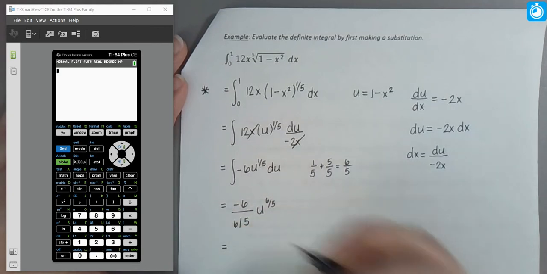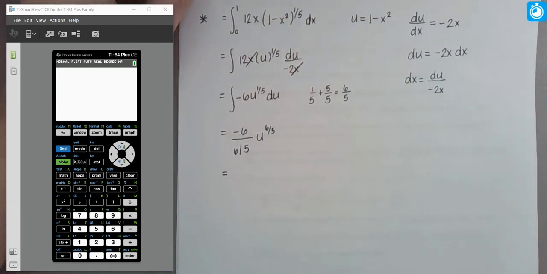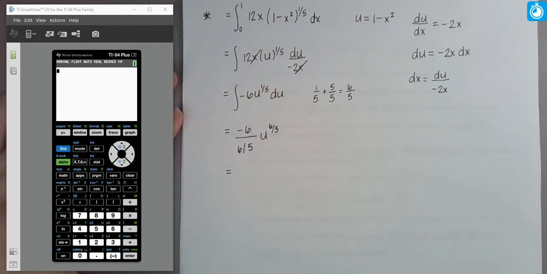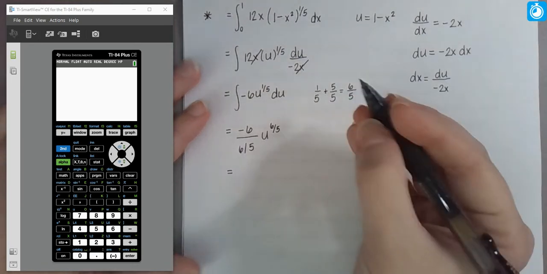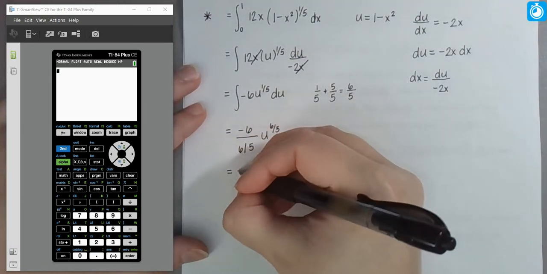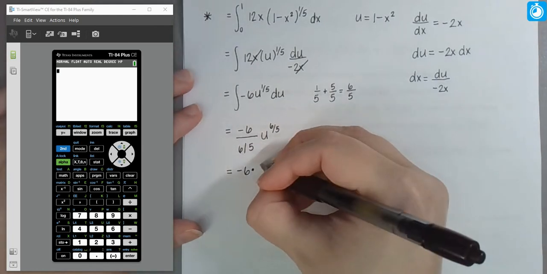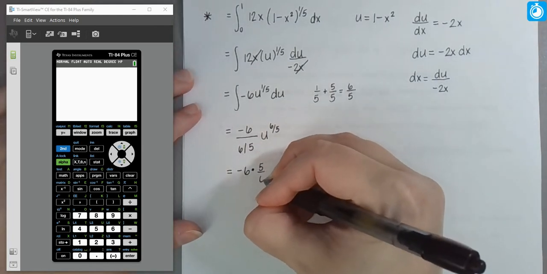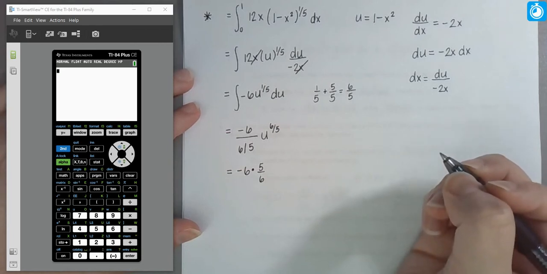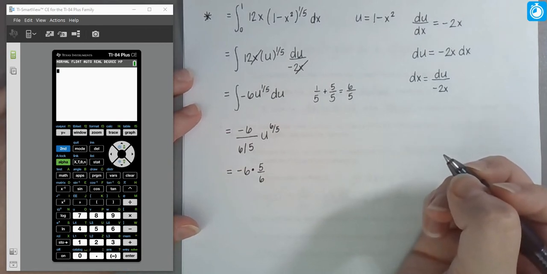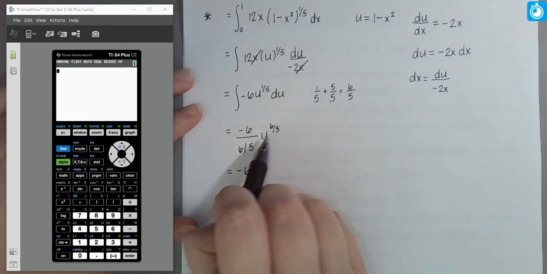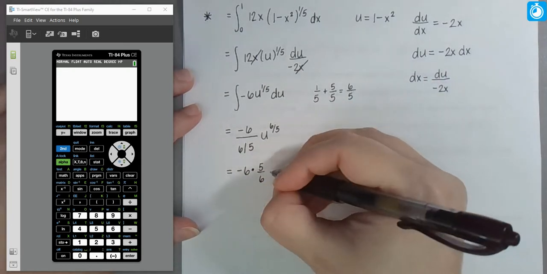So all we really need to do is just clean this up and then resubstitute and evaluate with our limits of integration. So negative 6 over 6/5. Well, remember, dividing by a fraction is the same thing as multiplying by its reciprocal. So we could write that as multiplication by 5 over 6. And if we want to go ahead and resubstitute in this step, we can do that as well.